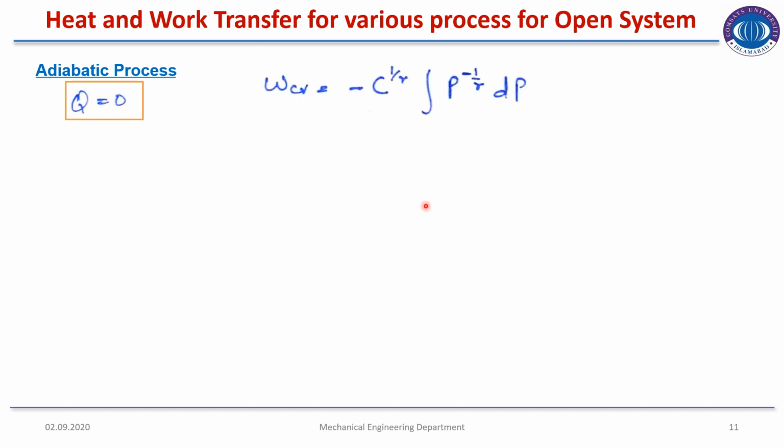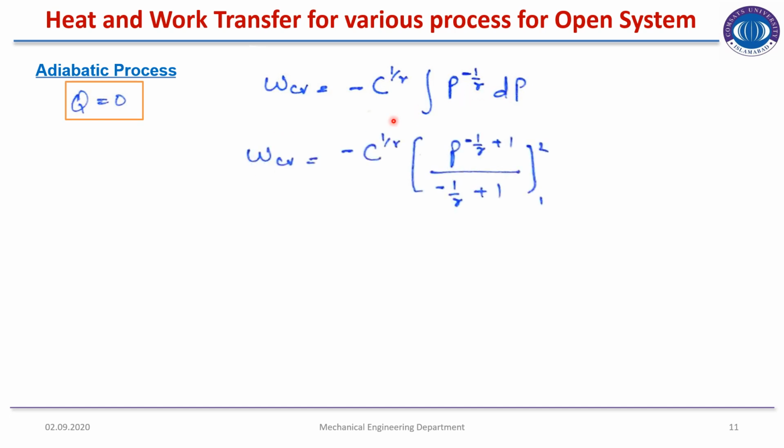When we transfer from the denominator to the numerator, the sign of the power changes from positive to negative. So WCV is equal to minus C power 1 over gamma integration P power minus 1 over gamma into dP.